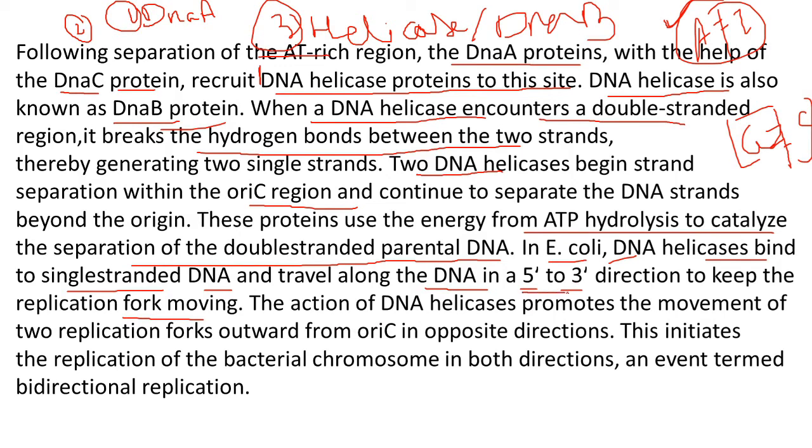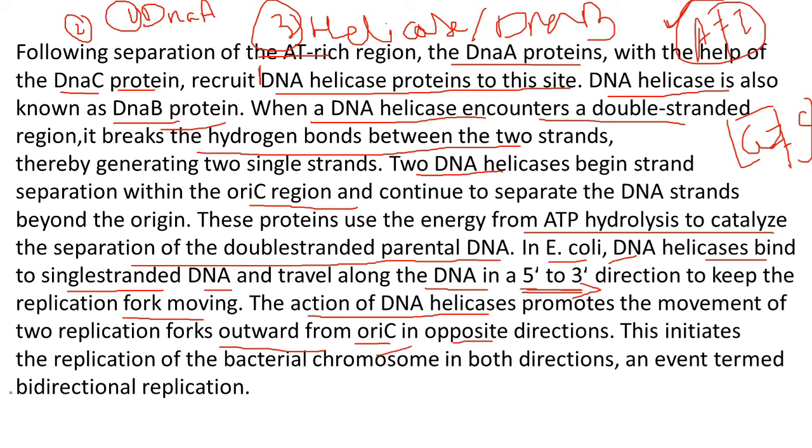Mark that point, 5' to 3' direction, not 3' to 5' direction, always 5' to 3' direction. The action of DNA helicases promotes the movement of two replication forks outward from oriC in opposite directions.